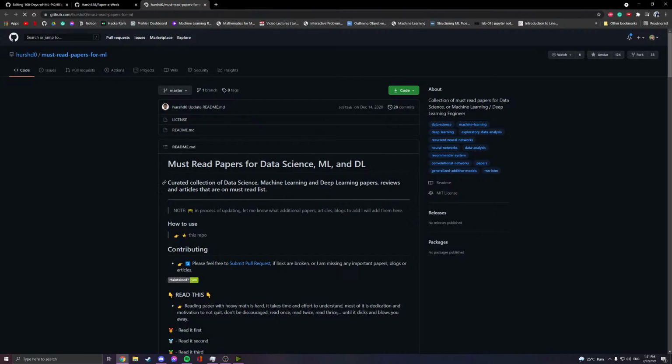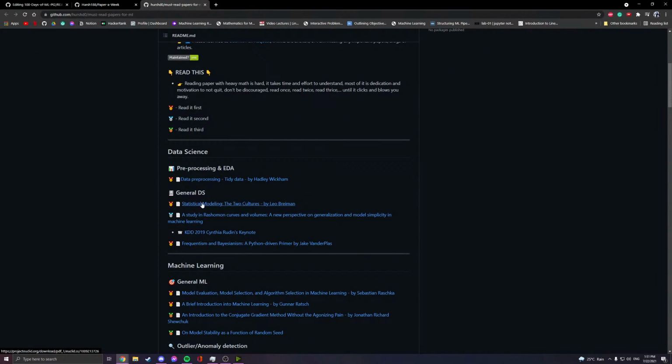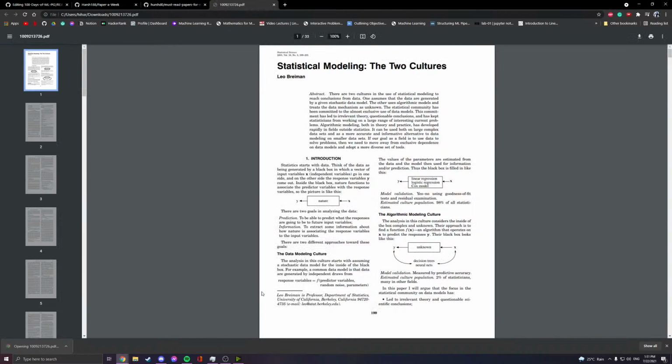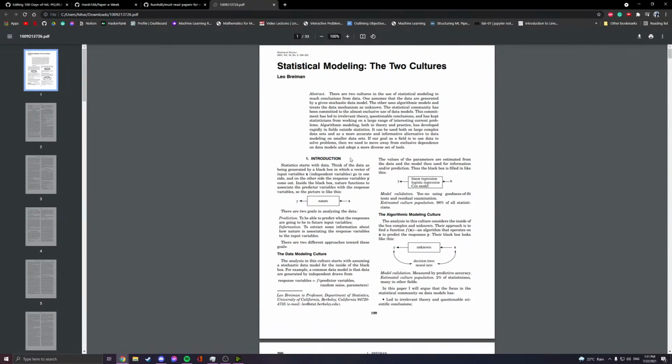Let's go to this guy's repo. This is where I'm getting all the papers from. So there's general data science coming up next. This is pre-processing and kind of just structuring the data, tidy data. So let's see what this is about. Statistic modeling. This downloads a PDF. Okay. Stochastic data model, algorithmic models.